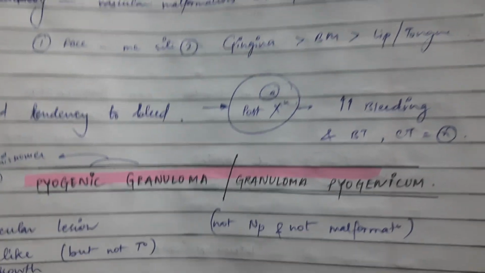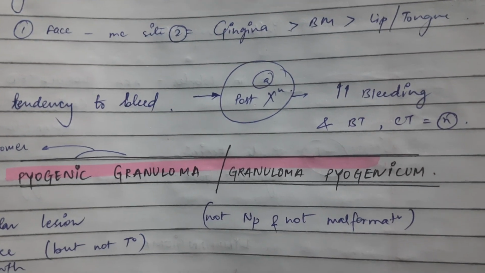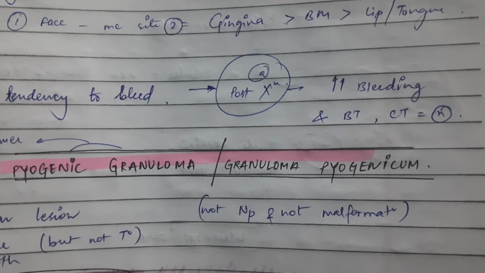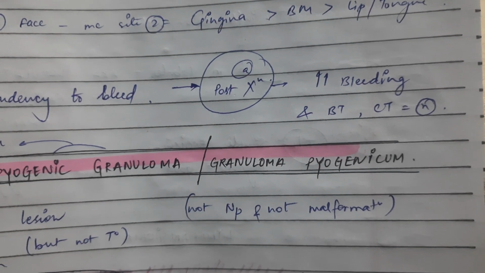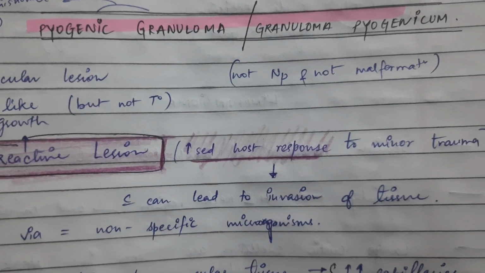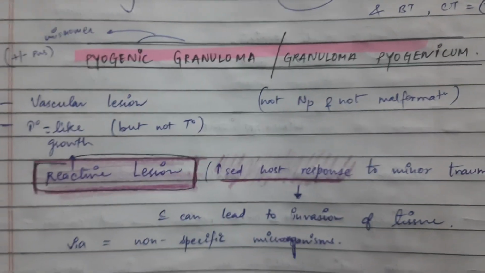If after extraction there is increased bleeding and BT, CT are normal, then we can judge that it's Sturge-Weber syndrome.